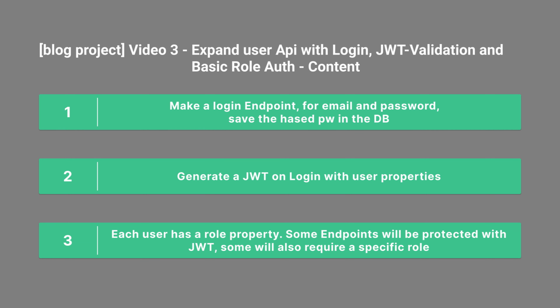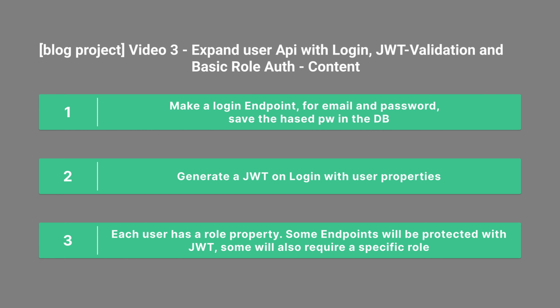So before we end this video, let's have a look at what we will implement in the next video. And here we will make a login endpoint for authentication with email and password. And this will look if the hashed password in our database is the same that we provide here as password. And if it does so, we will generate a JWT with all user properties, which will authenticate us against our API.